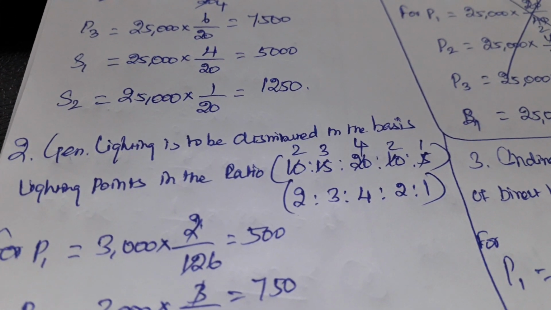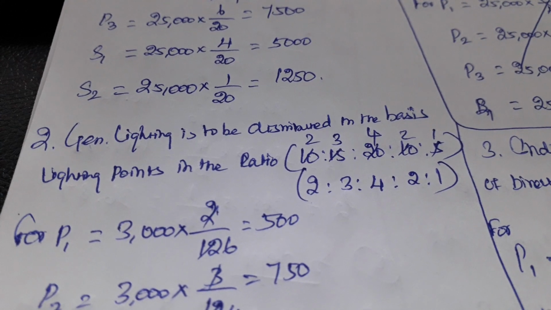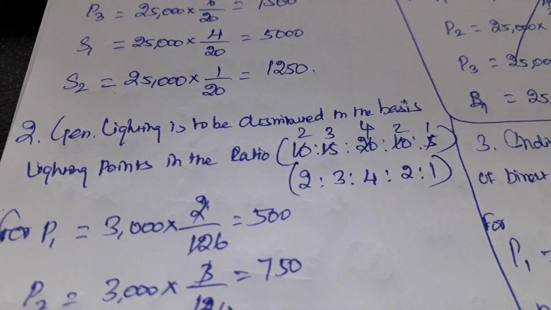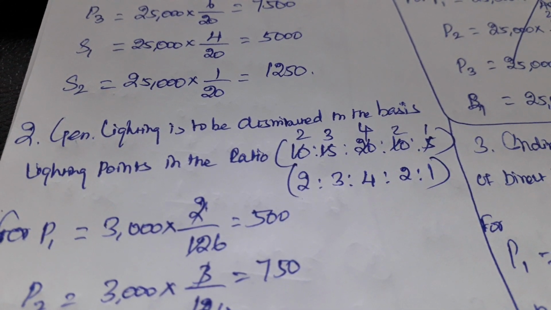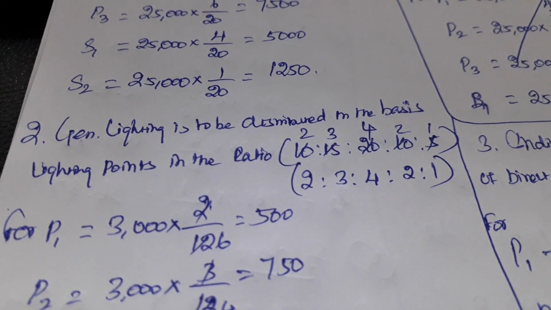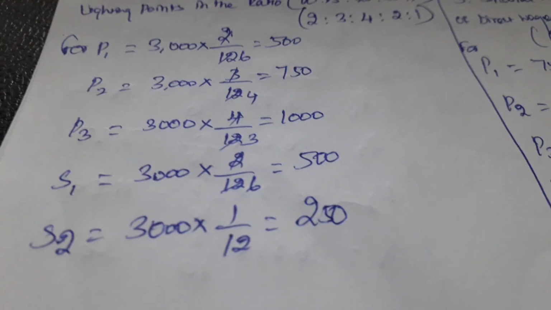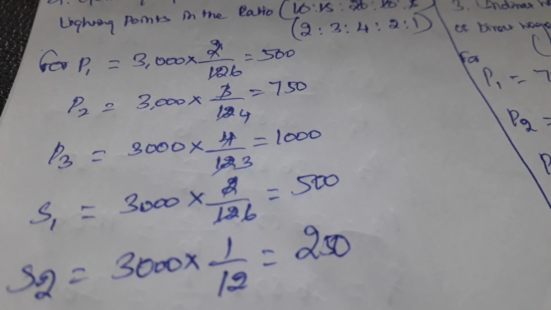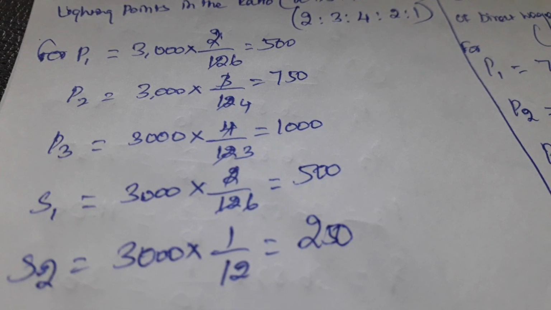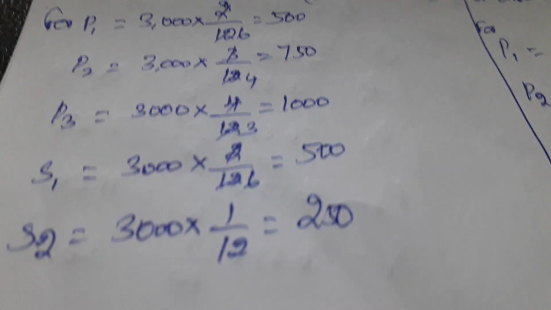Then general lighting is to be distributed on the basis of lighting points in the ratio 2:3:4:2:1. General lighting usually distributes on the basis of lighting points. If you multiply this, we get the values for production departments as well as service departments.